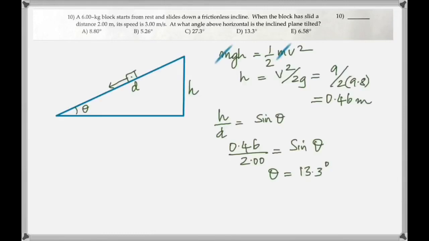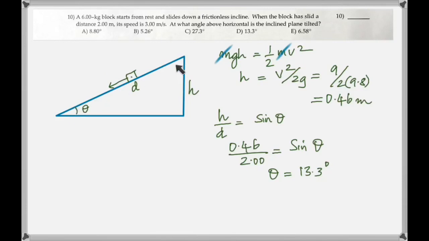In this case, a 6 kilogram block starts from rest and slides down a frictionless incline. When the block has slid a distance 2 meters, its speed is 3 meters per second. At what angle above the horizontal is the inclined plane tilted? Okay, here's the diagram. So the block starts from here and slides down.